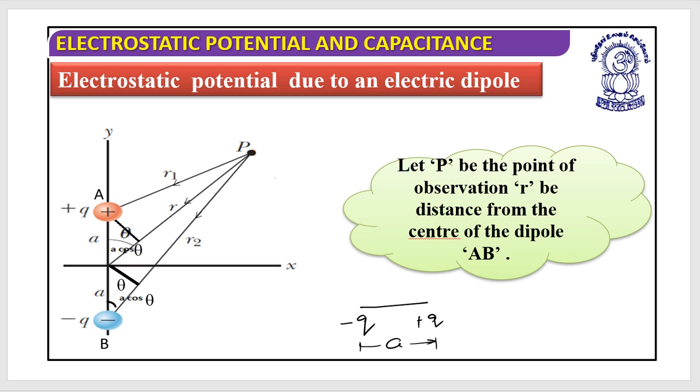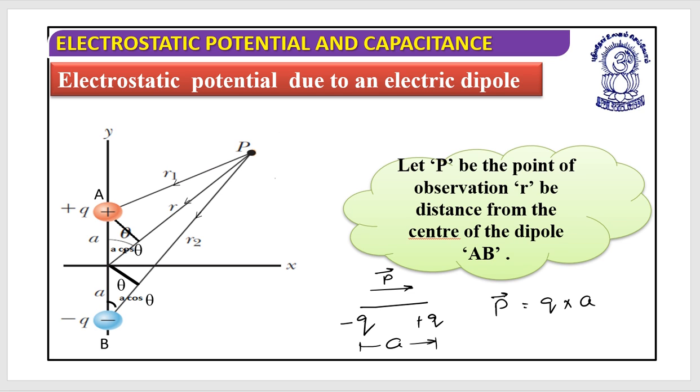This construction is called an electric dipole, which we learned in previous units. We define the dipole moment p as q multiplied by 2a. This is the magnitude of the electric dipole moment, and its direction is from the negative charge to the positive charge.